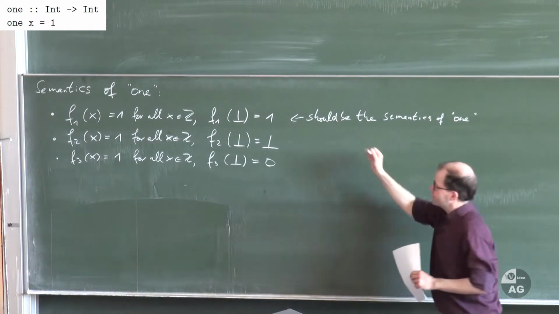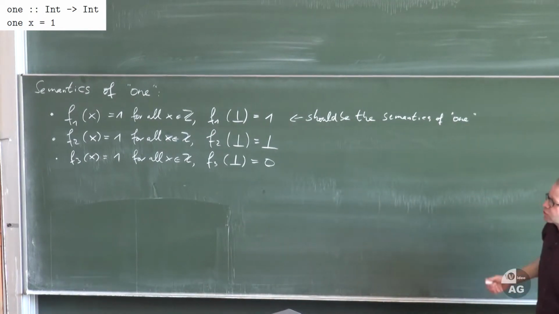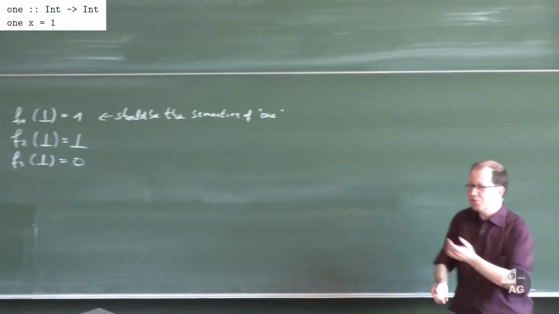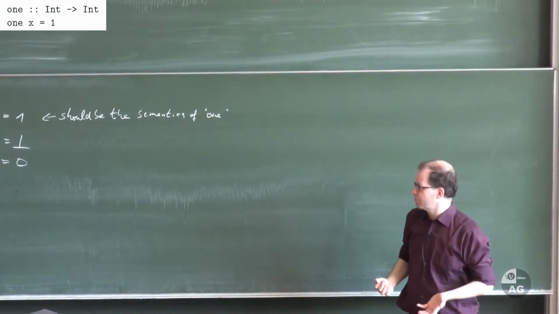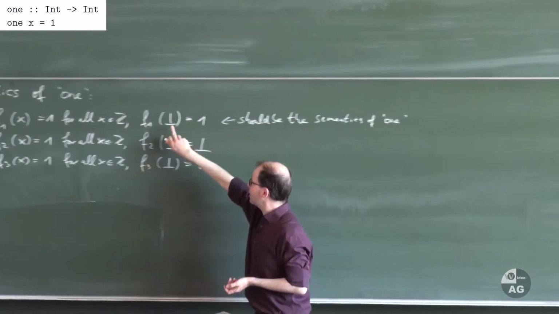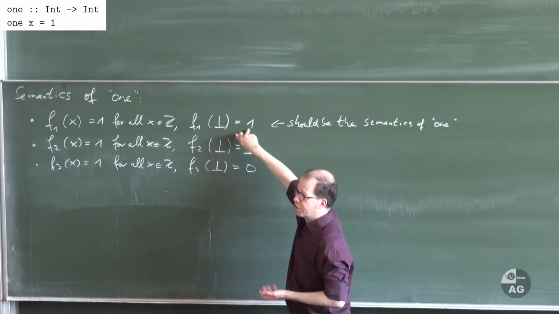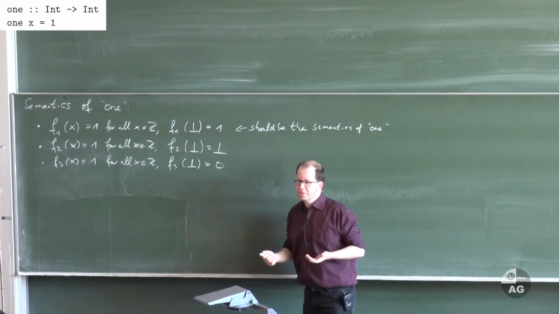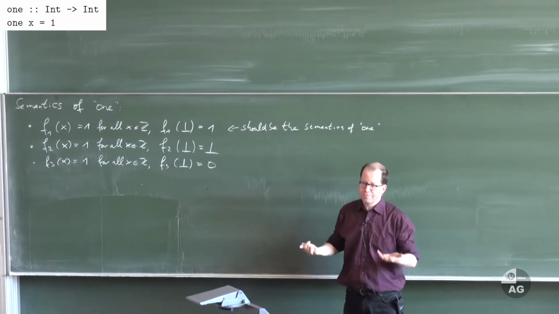Well, what about the strictness of this function? This function is obviously not strict, because strict means that as soon as an argument is undefined, then the result is undefined as well. Here the argument is undefined, but the result is not undefined. So this is a non-strict function, but indeed these kinds of functions are useful in Haskell.